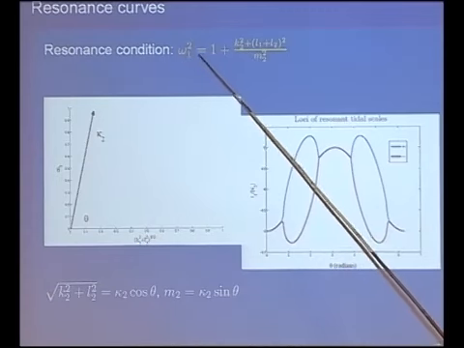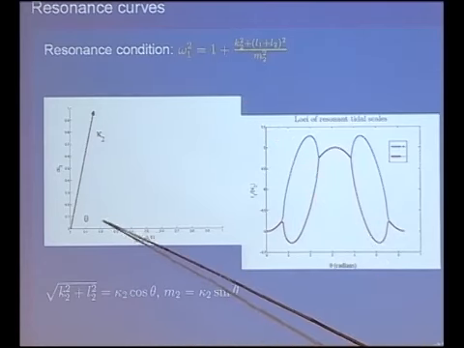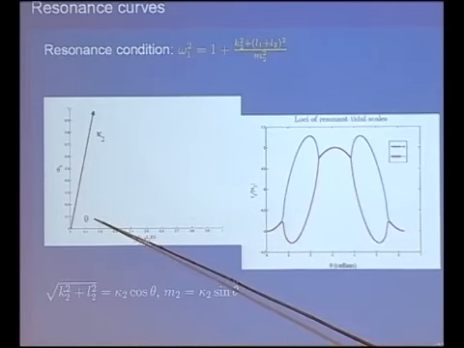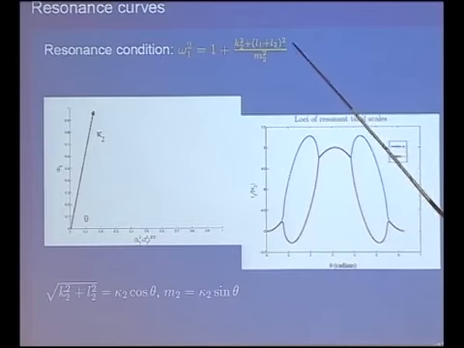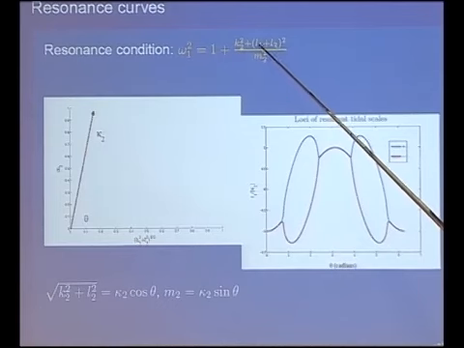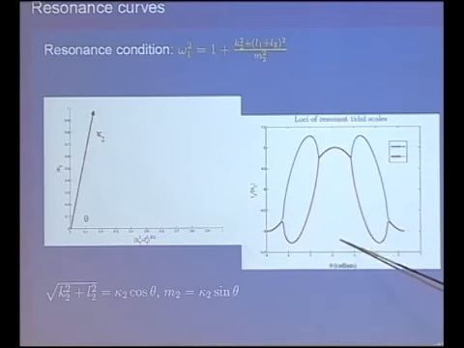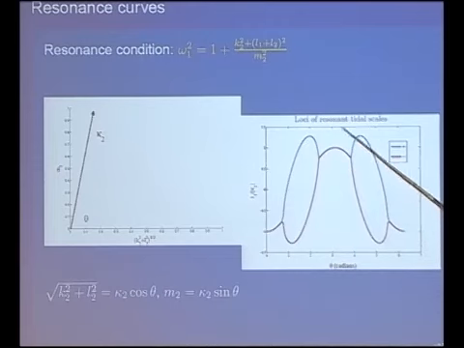Okay, and we can plot the resonance curves, that is, the values of L1 for which resonance is satisfied. Here I've just indicated the wave number of the eddy field as a function of theta. And here I've plotted just the locus of all the values of the horizontal variation of the tide as a function of this angle theta.